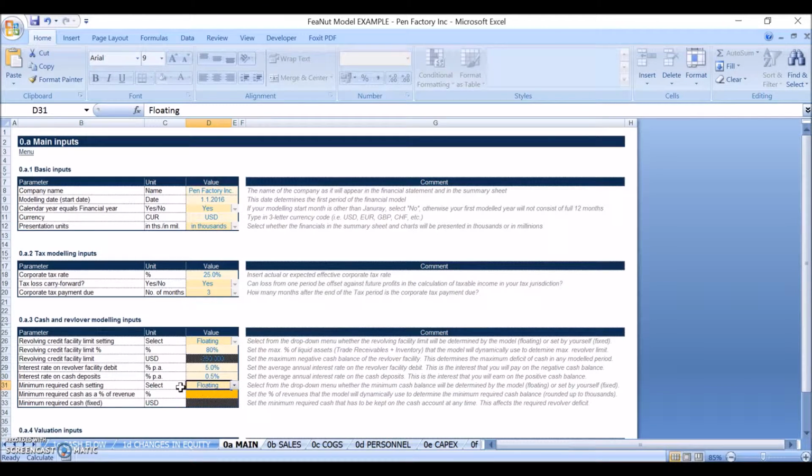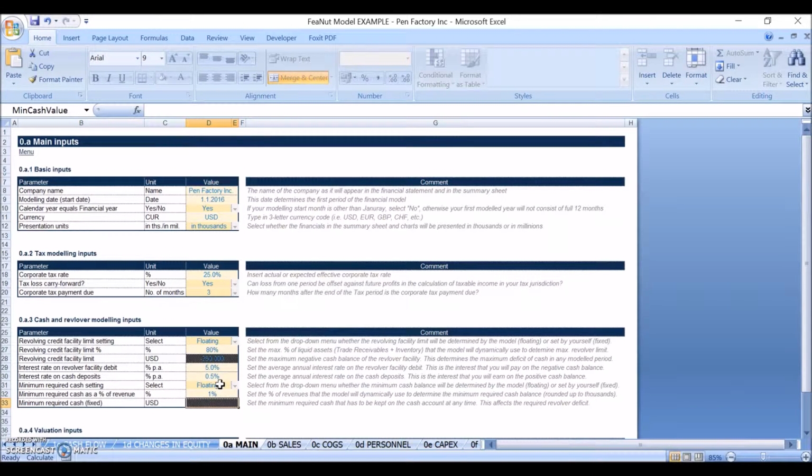If you select floating, that means this limit will be set dynamically based on the percentage of revenue. So we can say that, for example, we would like to have 1% of the revenues as a cash balance that we will keep in our bank account all the time. And this limit will change from period to period because our revenues will be changing.